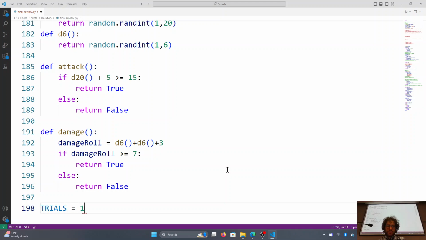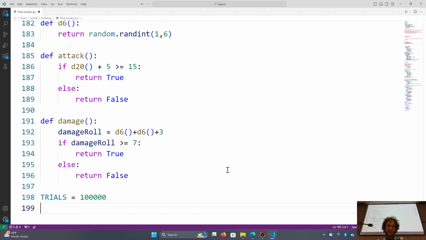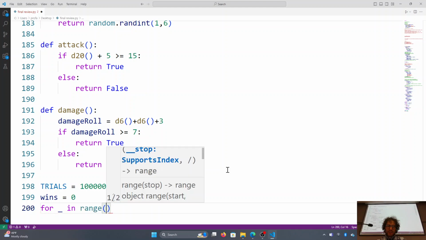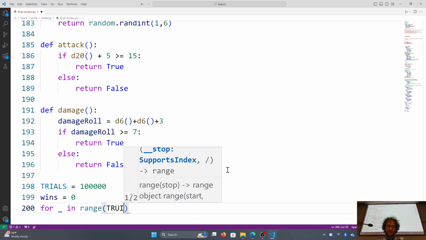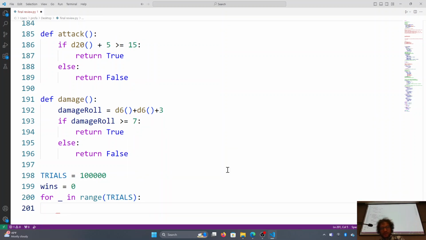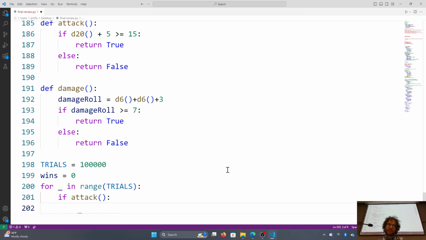Trials is equal to, I said 100,000. Wins is equal to 0. For in range trials, if attack, actually we don't need to say if it's true, just if attack.